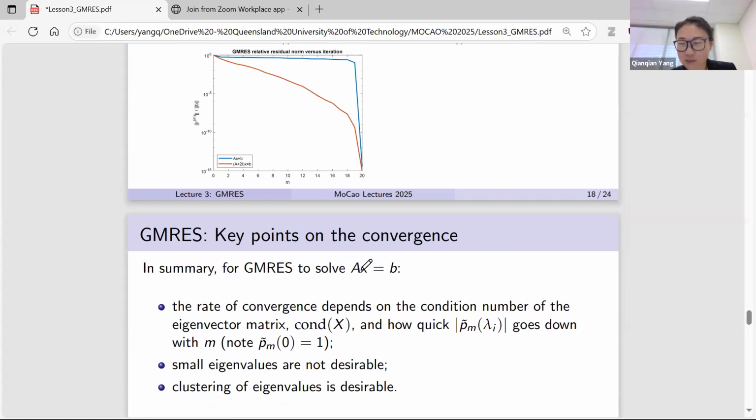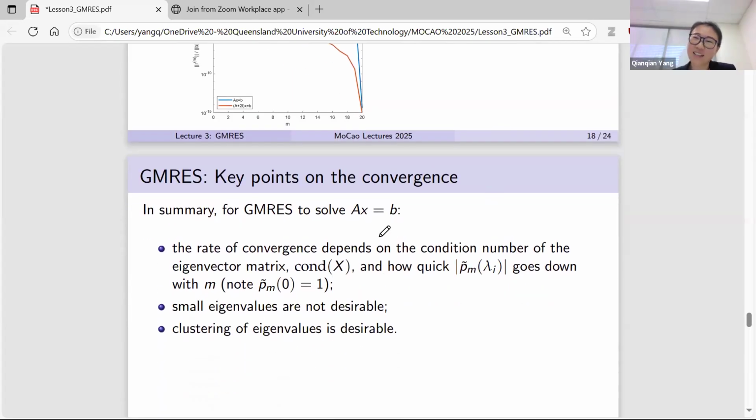I can't just change my problem. Well, that's true, but that thinking is great. That will lead us to our next topic, tomorrow. Tomorrow we will talk about preconditioning, which can achieve a similar effect: changing the spectrum, the distribution of our eigenvalues. That's tomorrow's topic.